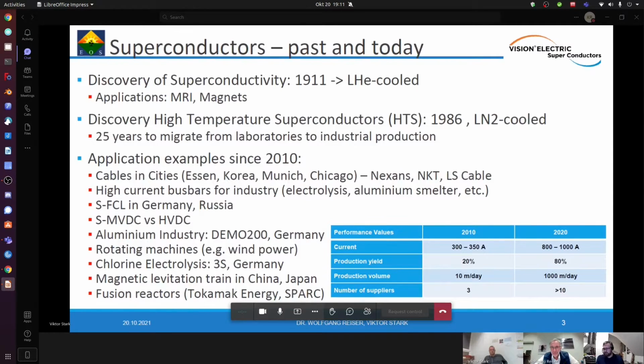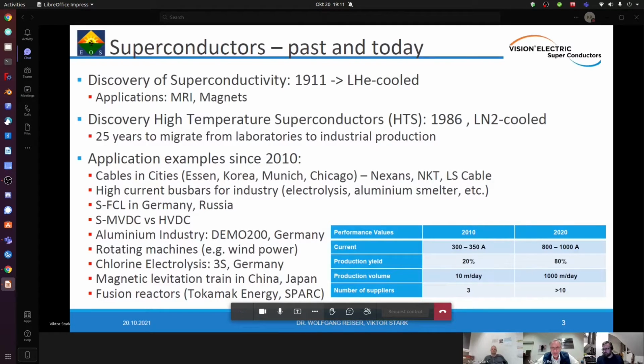Okay. Of course, there are a lot of applications where superconductors give advantages. So we first concentrated on industries, and we installed a 20 kiloamp system in a chlorine plant here in Germany, just to demonstrate that superconductors are industry ready.